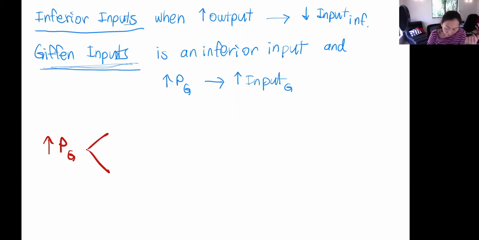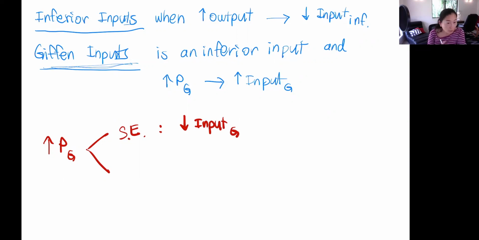The first effect would be the substitution effect, and the second effect would be the output effect. For the substitution effect, when the price of the given input increases, it becomes relatively more expensive than the other inputs, so the producer will employ less of the given input and employ more of the substitutable inputs. That is the substitution effect.